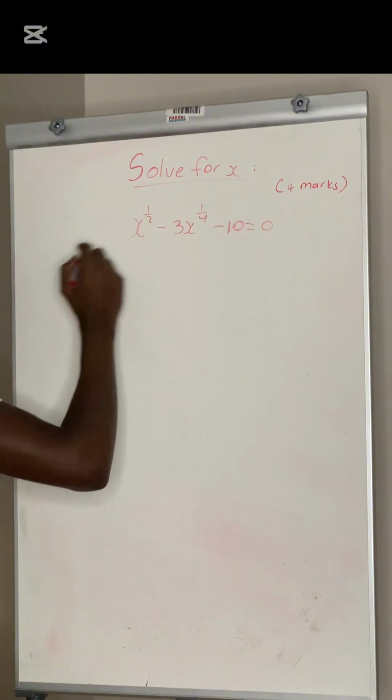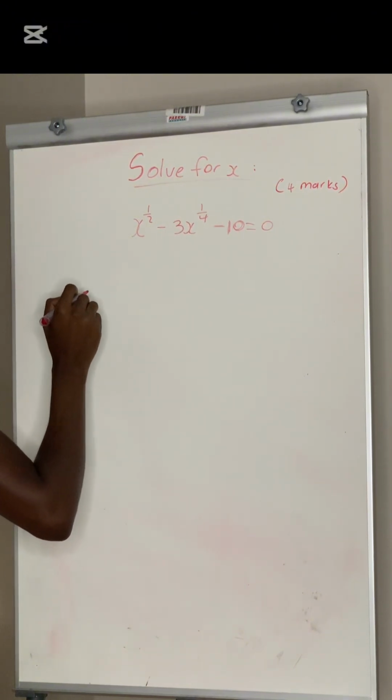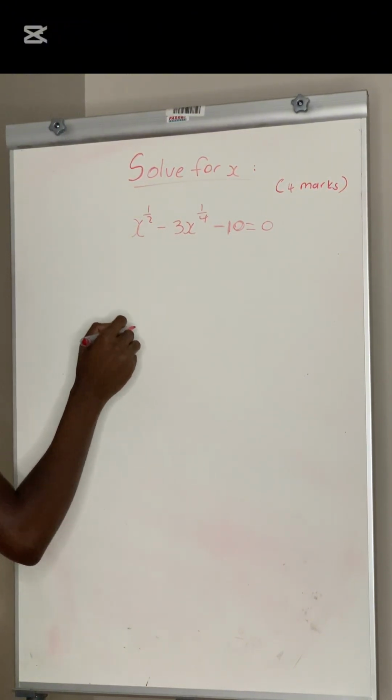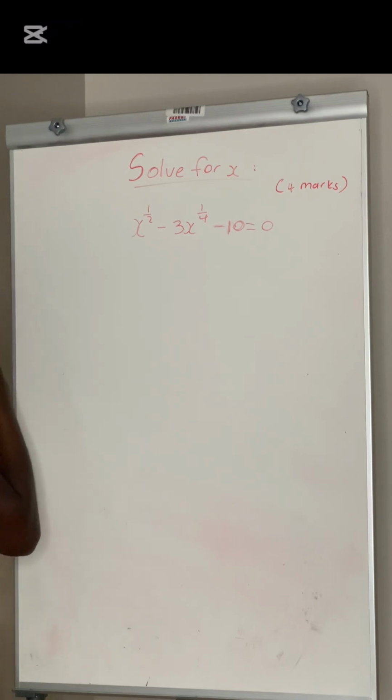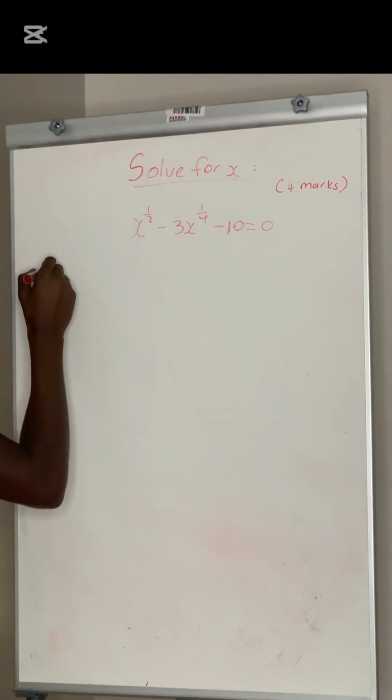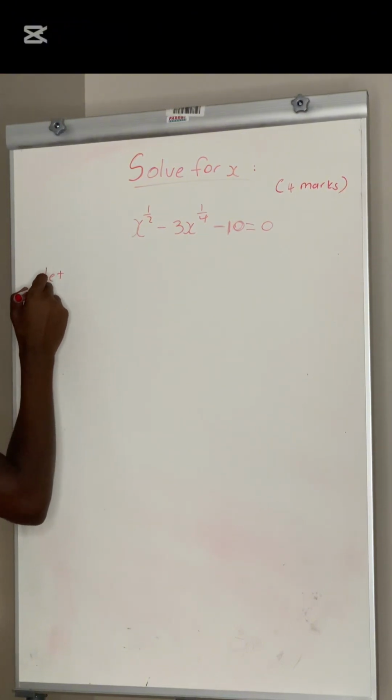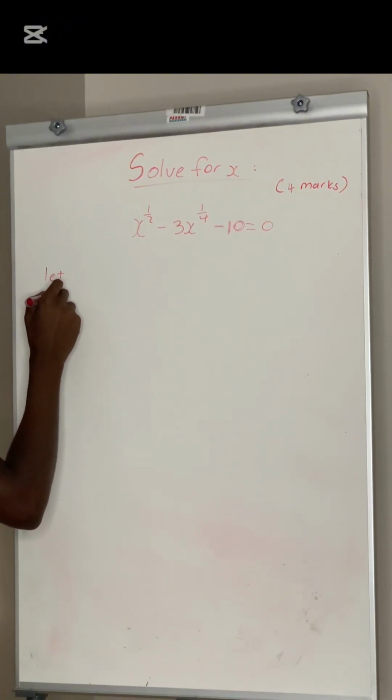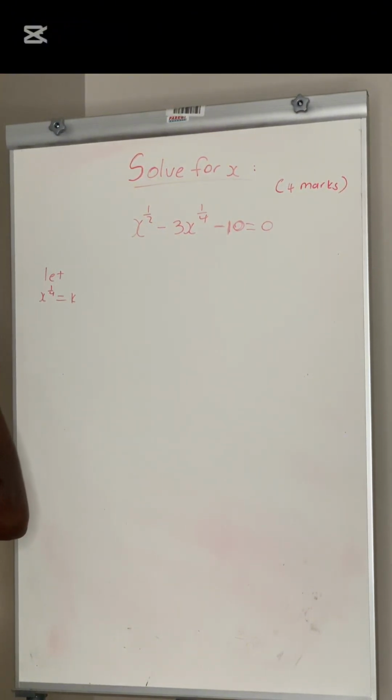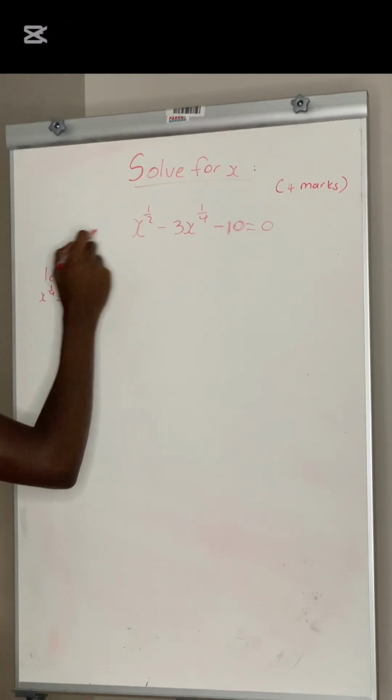Solve for x for 4 marks: x exponent 1 over 2 minus 3x exponent 1 over 4 minus 10 is equal to 0. So what we can do here to make things simpler for us, let x exponent 1 over 4 be equal to k. But over here we have x exponent 1 over 2.